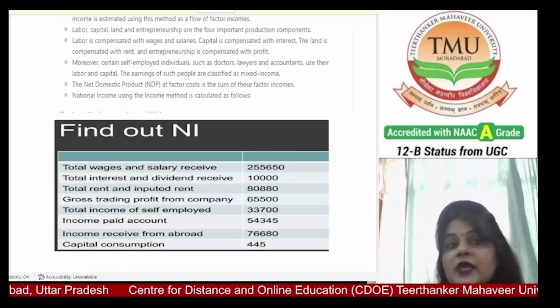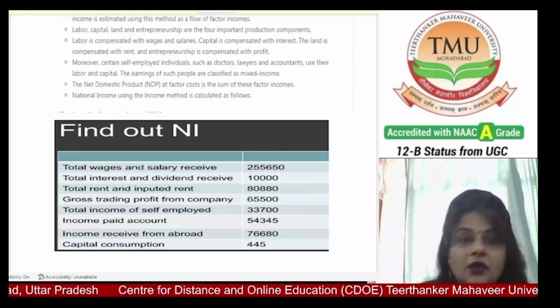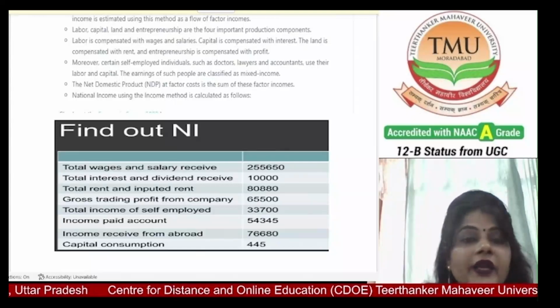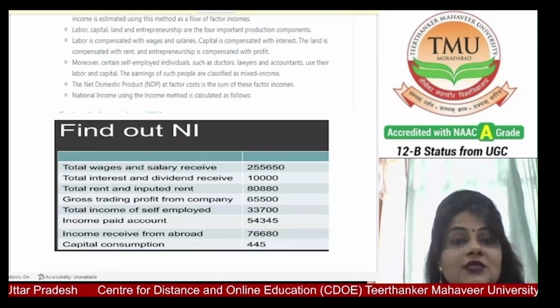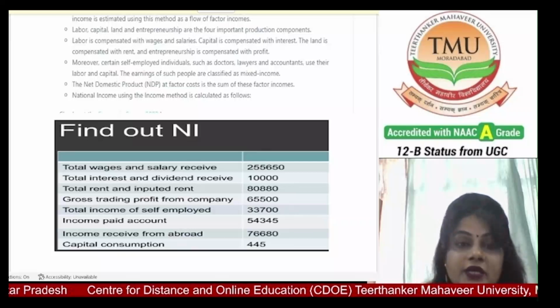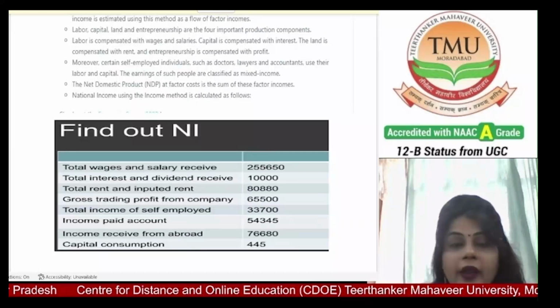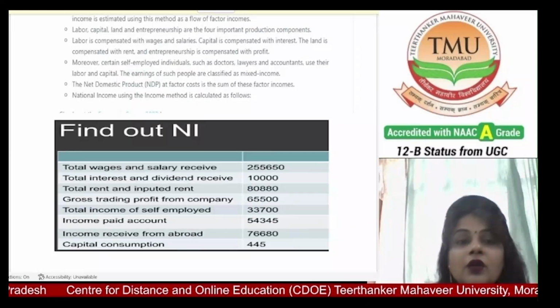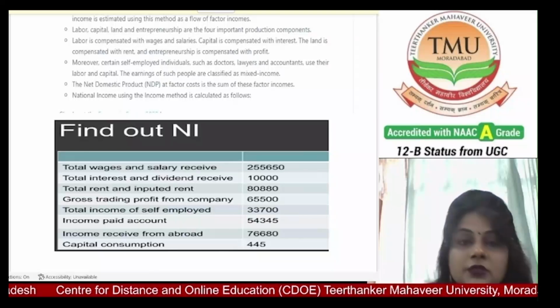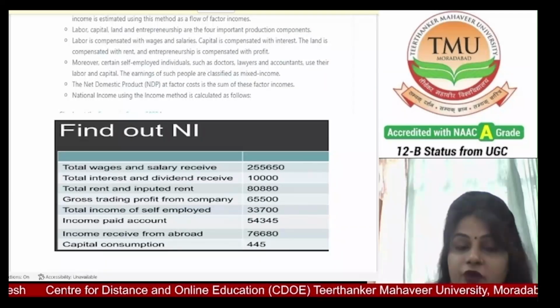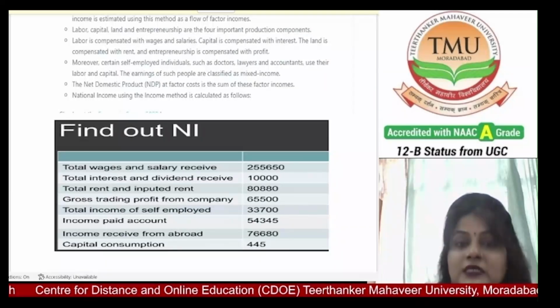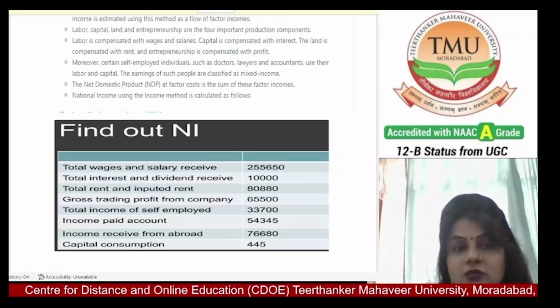So there are many steps of the income method. The first step is to identify and classify the factors of production of all the producing firms into primary, secondary, and tertiary sectors.